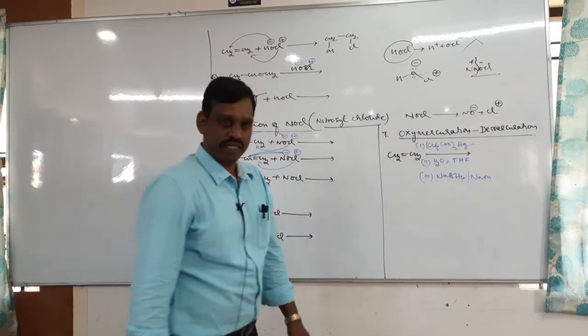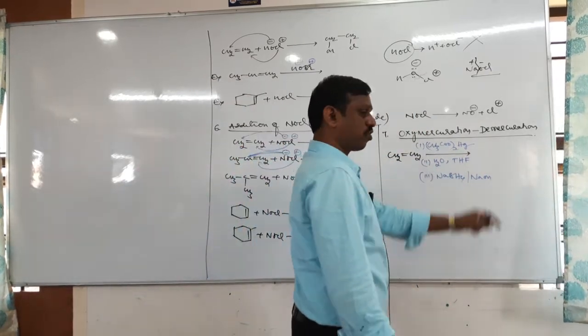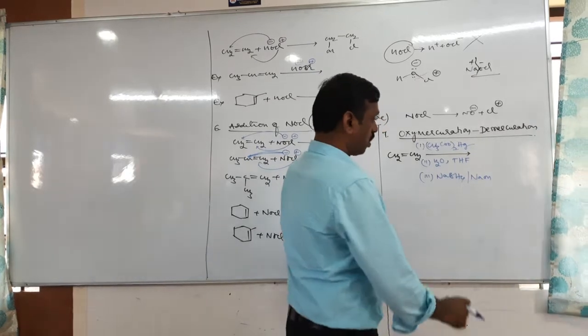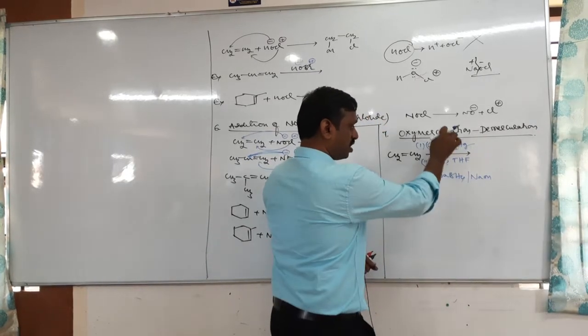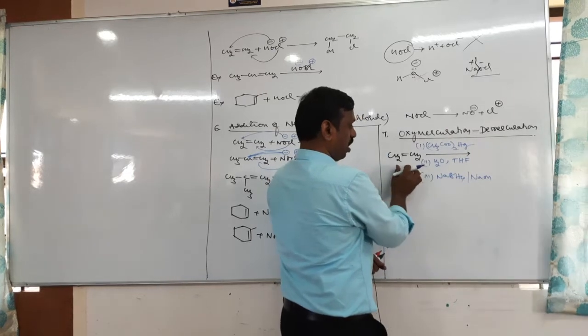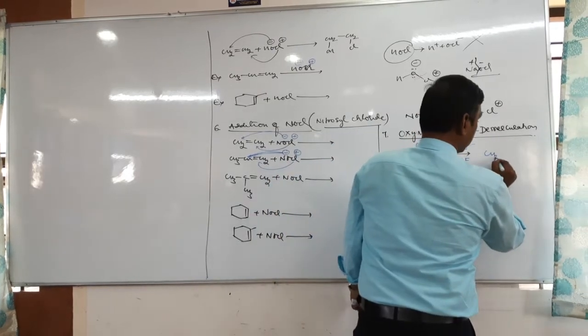Sodium borohydride is a selective and strong reducing agent. In presence of these reagents, the alkene converts into alcohol.